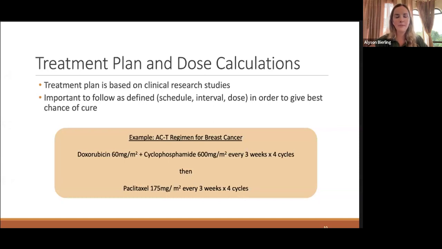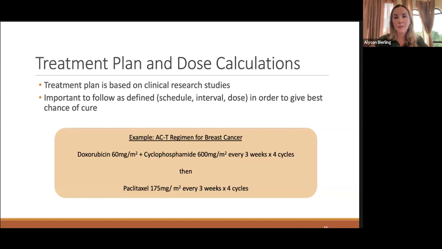So the treatment plan that we use to treat a patient with cancer, which Rami went into detail about last week, is based on clinical research studies. Patients are enrolled in trials, and the outcome of those research studies tells us what drugs and at what doses are most effective to treat specific types of cancer.